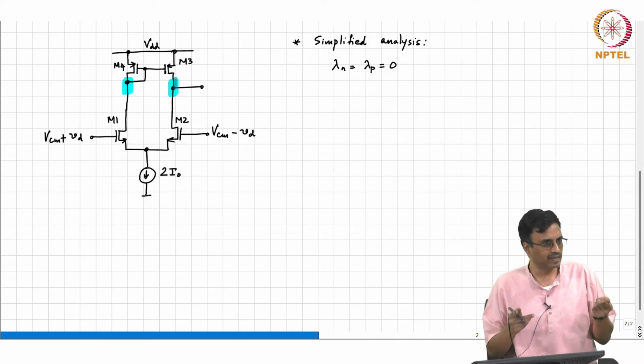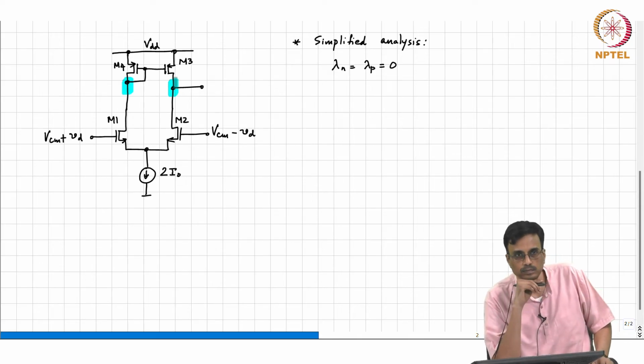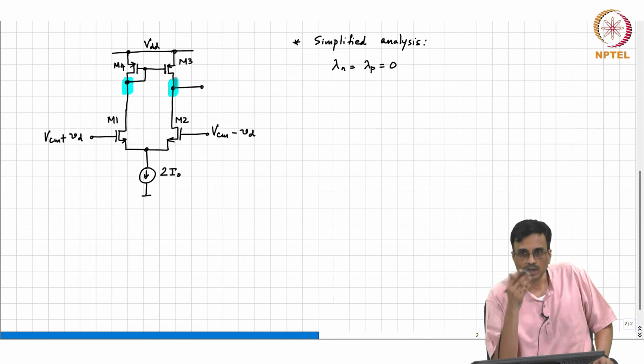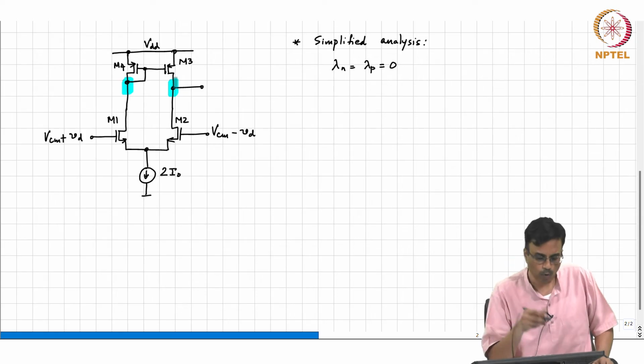potential at the drains, by the way, is the circuit symmetric now? Clearly it does not look symmetric. However, if lambda n and lambda p are 0, then what comment can we make?